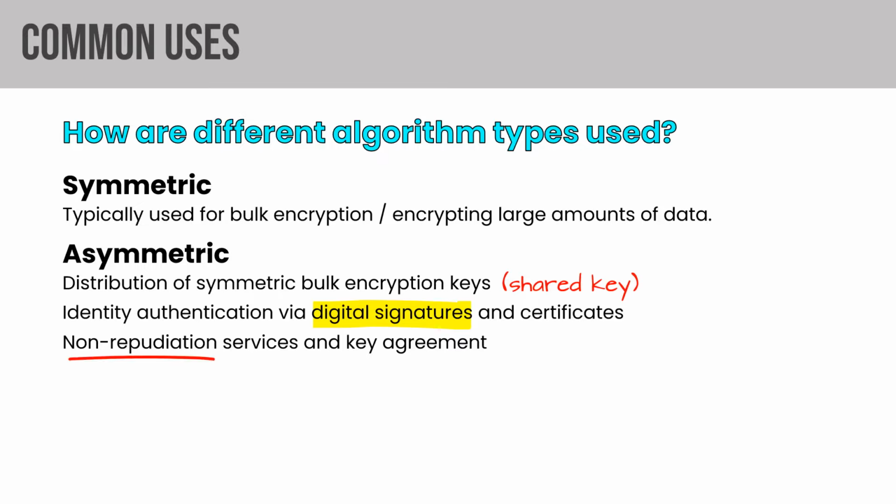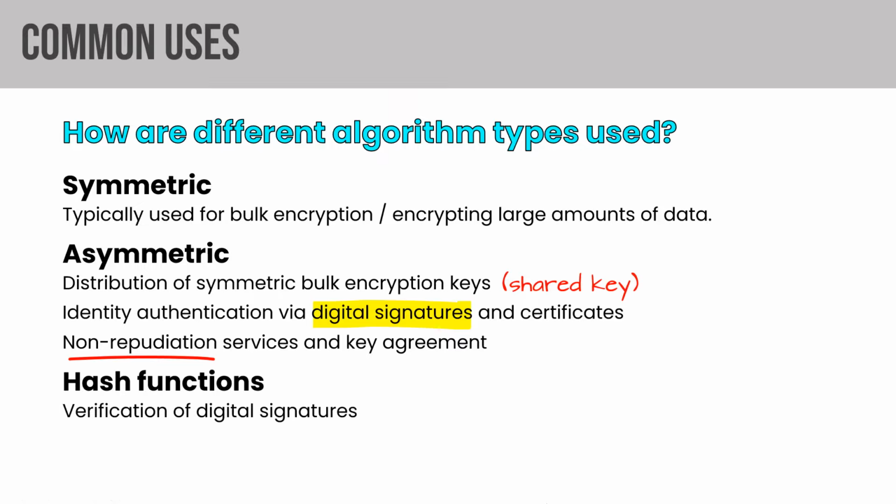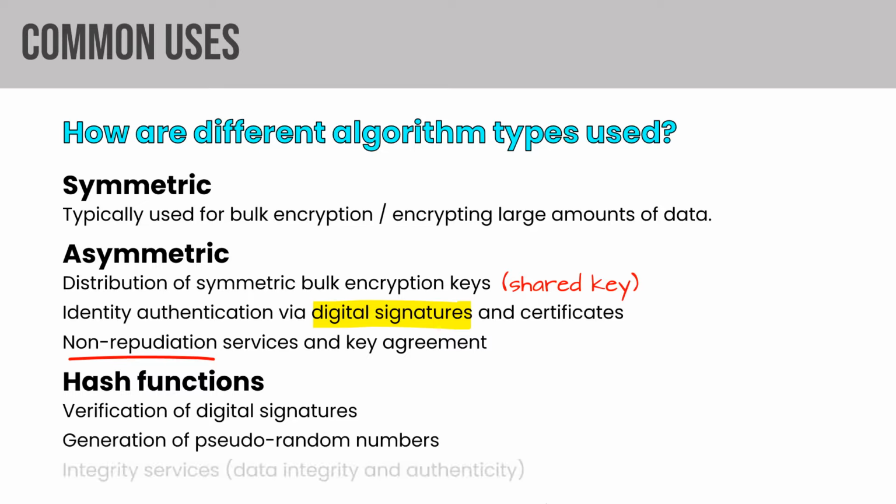So non-repudiation means identifying an entity in an undeniable way. In the scenario of a message or a value being transmitted securely, non-repudiation makes the sender's identity undeniable. And hash functions. So hash functions are used in verification of digital signatures, generation of pseudo-random numbers, and integrity services like data integrity and authenticity.